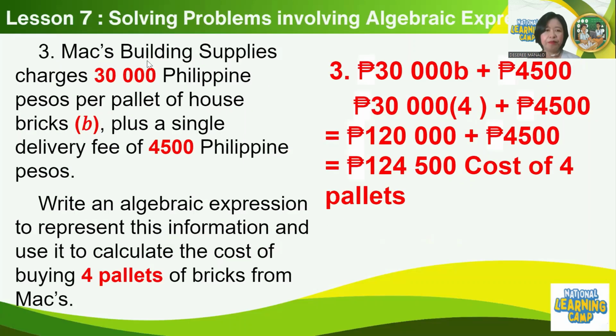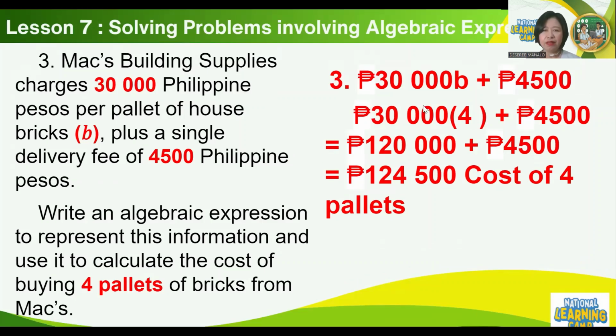Number 3. Max Building Supplies charges 30,000 Philippine pesos per pallet of house bricks plus a single delivery fee of 4,500 Philippine pesos. Write an algebraic expression to represent this information and use it to calculate the cost of buying 4 pallets of bricks from Max. So, we have 30,000 pesos B plus 4,500.